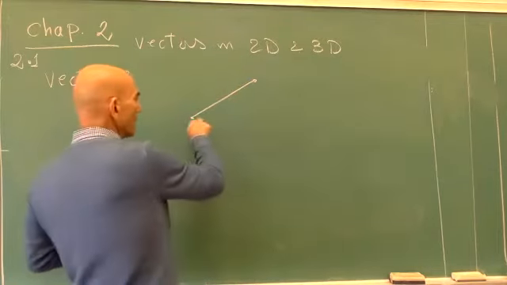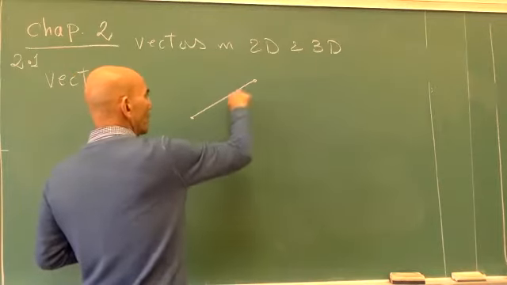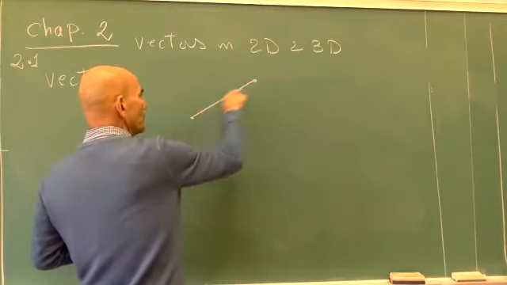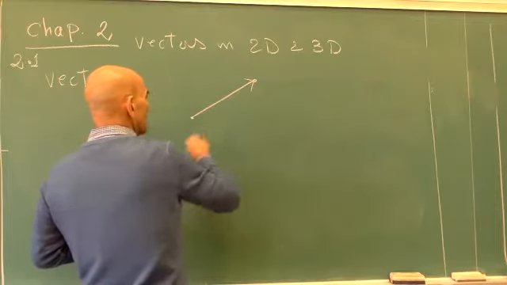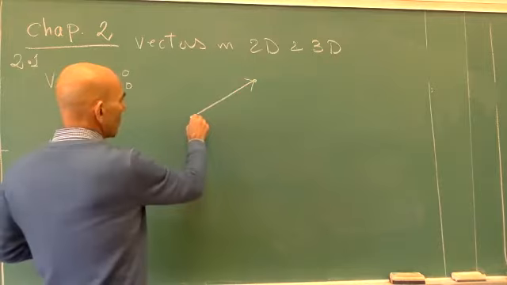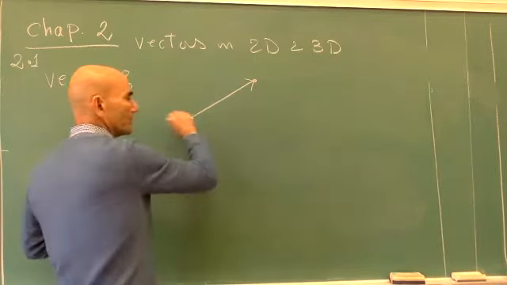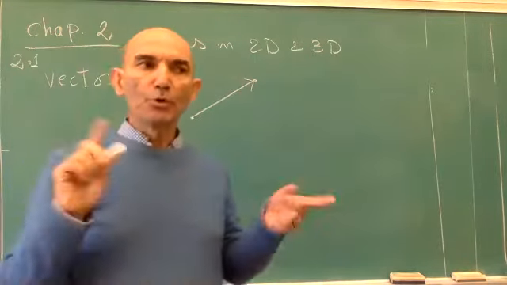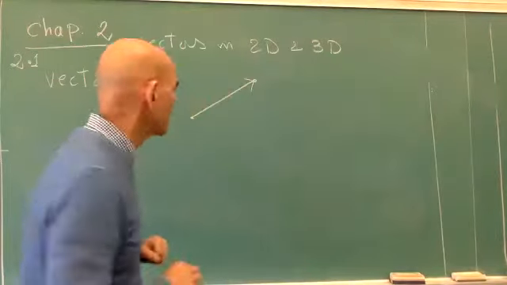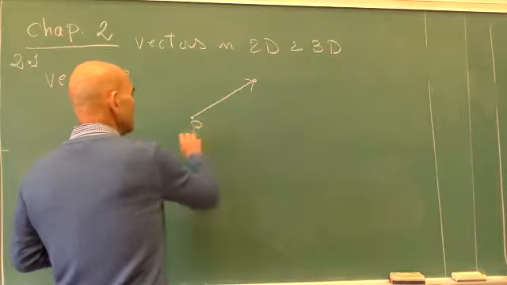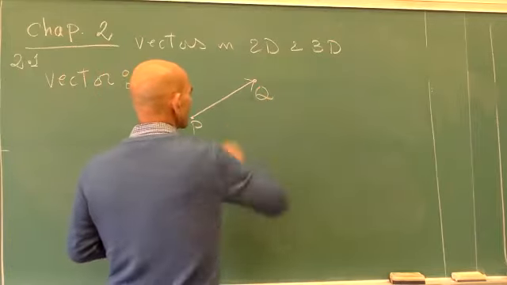If you just have initial and end point, then you have just a straight line between these 2 points. But there is also a direction that tells you if you are going from this point to that point or vice versa. And if you do it each way, you're going to get different vectors. So this is P, this is Q.